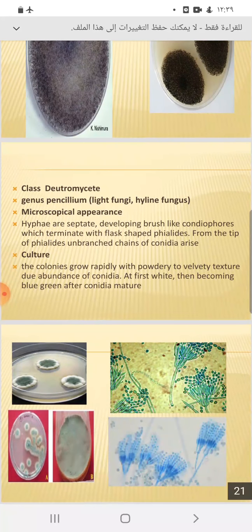The second class is Deuteromycete. We have an example, genus Penicillium, which is regarded as a light fungus or hyaline fungus, which is not pigmented.